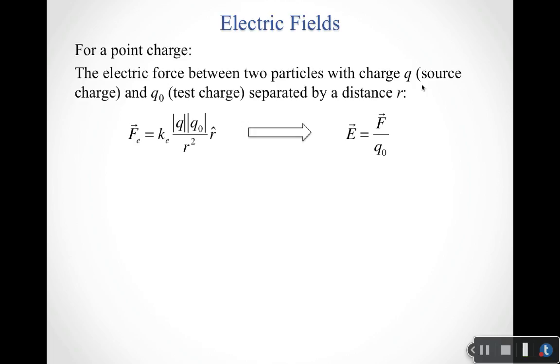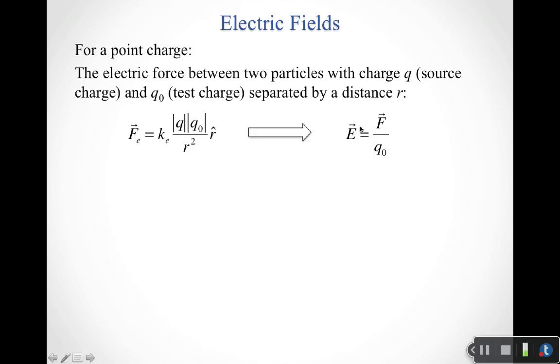So for point charges, we know that the electric force between two particles with charge Q and Q naught, we'll let Q be the source charge, we'll let Q naught be the test charge, that are separated by a distance r, is given by this expression, Coulomb's law. Again, we've got the absolute value around our charges because this just tells us about the magnitude, and r hat tells us what we need to do to deal with directions.